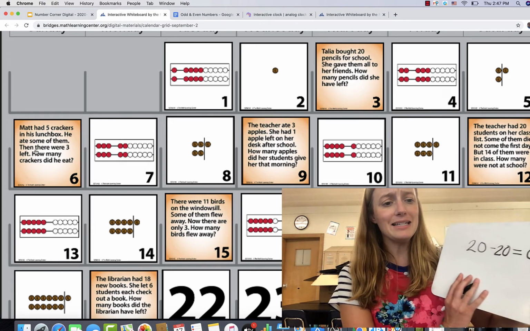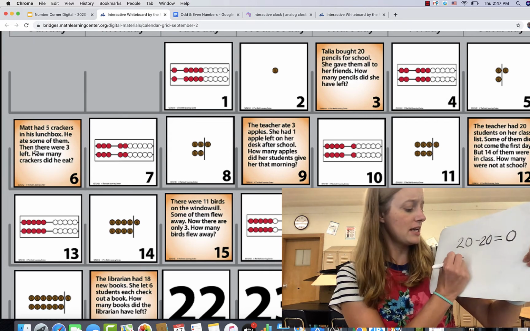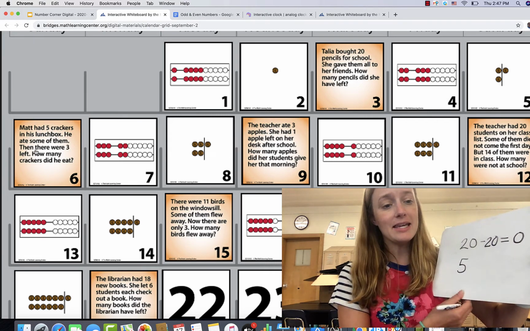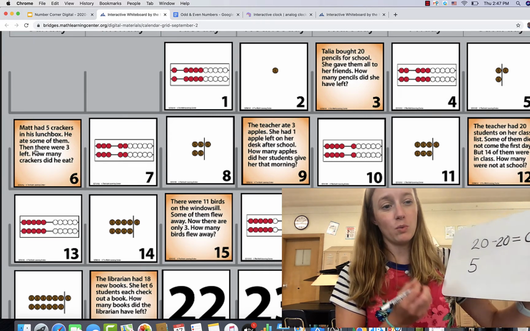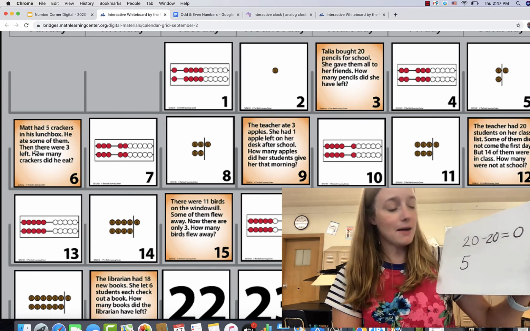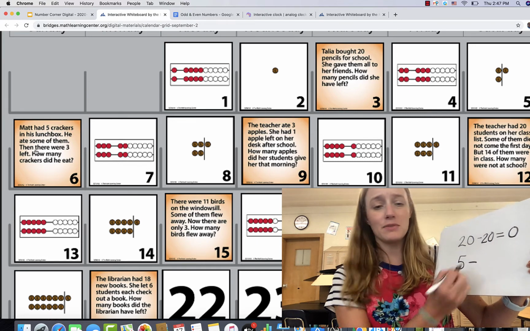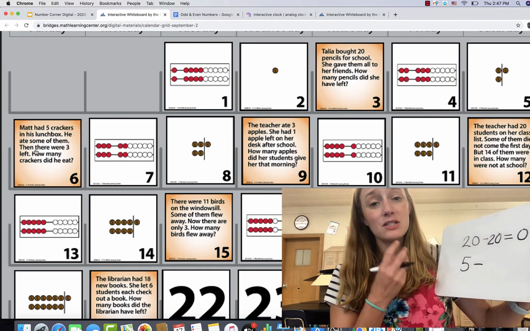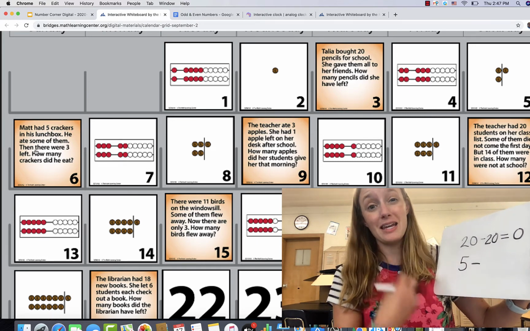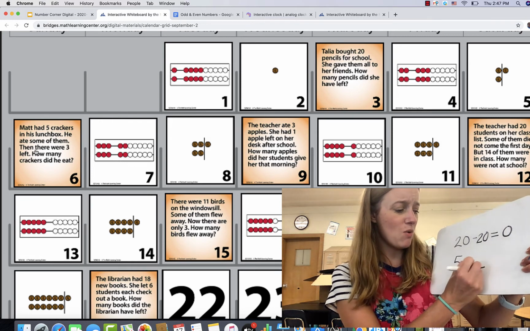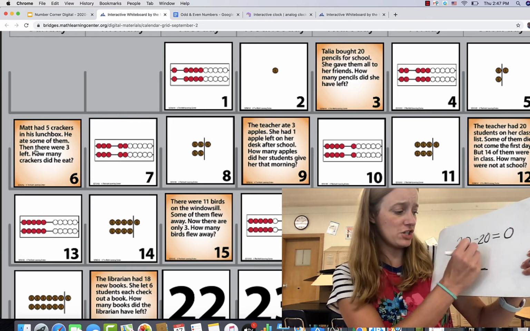It says Matt has 5 crackers in his lunchbox. He ate some of them. Then there were 3 left. How many crackers did he eat? So we know he's going to eat them, so we're going to subtract because he's going to be eating or taking away that amount. But we don't know how many yet. That's our question here.